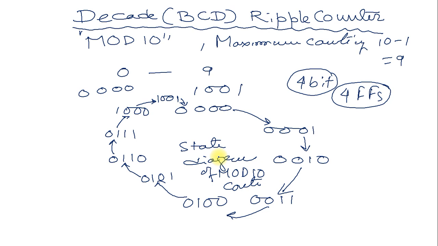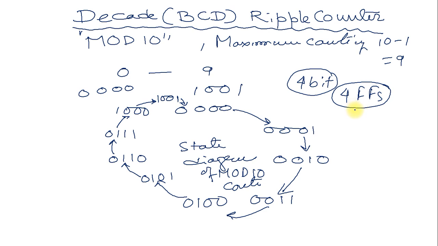If we go through the regular asynchronous counter of 4 bits, a 4 bit counter can count up to 15. That is a mod 16 basically. A 4 bit counter is a mod 16 counter. We generally construct the mod 16 counter with 4 flip flops.